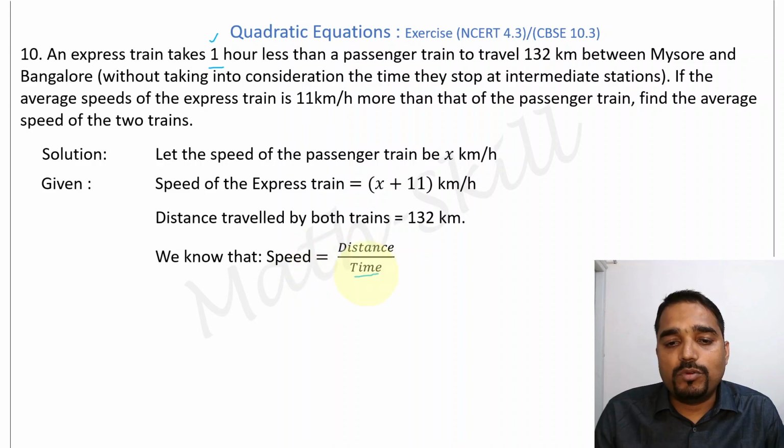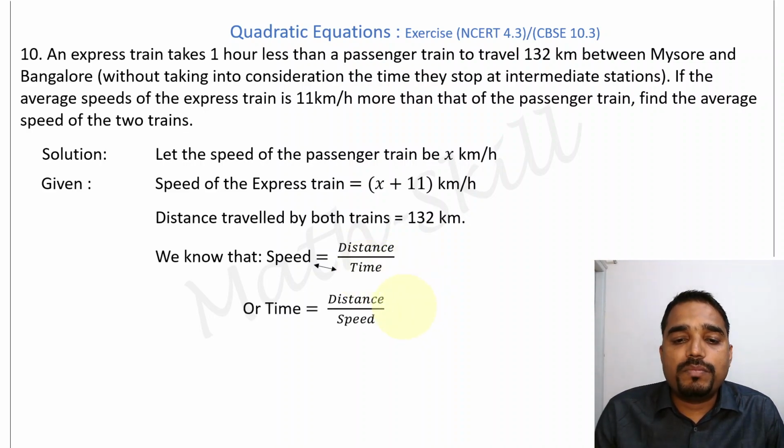Upon transpose, time will be in the LHS whereas speed will be in the RHS in the denominator. That is, upon transpose, speed and time get interchanged, that is, time is equal to distance by speed. This is the formula we have revised out of the known formula, speed is equal to distance by time.